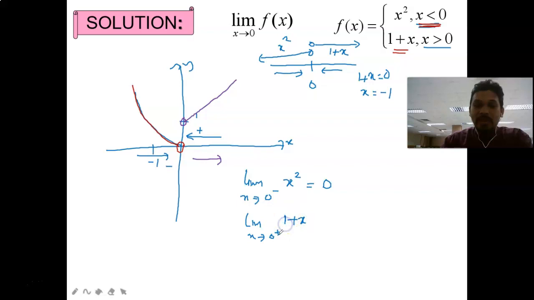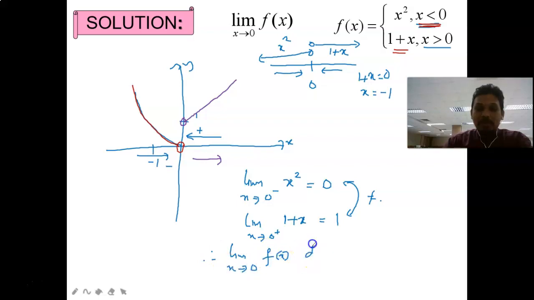So substitute x equals 0 here, then 1 plus 0 equals 1. And they are not equal. So the conclusion: the limit as x approaches 0 of f(x) does not exist.